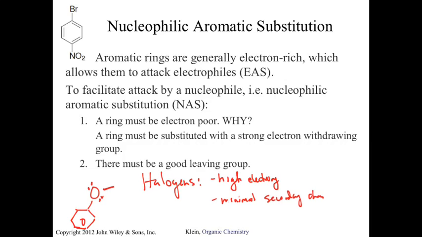Except oxygen needs 2 bonds, so you would need to add something else to it, and typically we'd add a hydrogen. Well, that hydrogen is now acidic. So if we pick our groups carefully, we can avoid that secondary chemistry if we throw in our halogens as our good leaving group. So halogens are classically the best leaving group that you're going to work with.